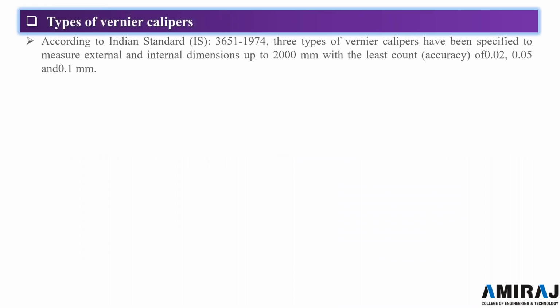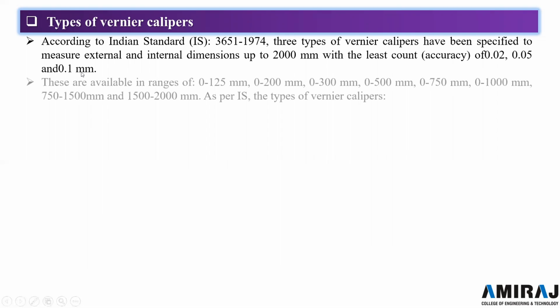Now there are certain types of vernier caliper according to IS. Three types of vernier caliper have been specified for measuring external and internal dimensions up to 2000 mm with least counts of 0.02, 0.05 and 0.1 mm, and they are available in this particular range.